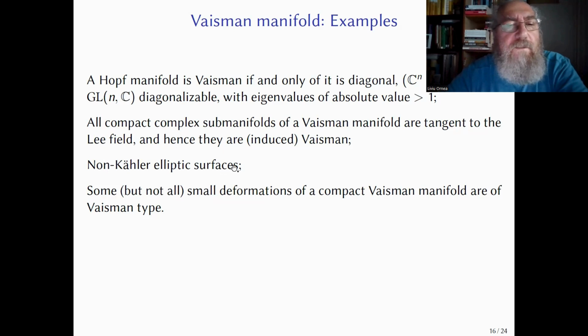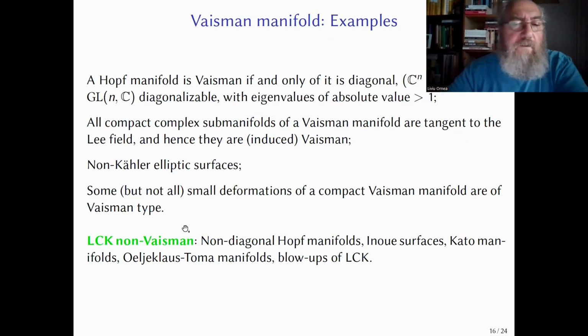In surfaces, you have non-Kähler elliptic surfaces also. And it's important that you can deform Vaisman manifolds to obtain other Vaisman manifolds. Not any deformation preserves the class, but there are deformations preserving the class.